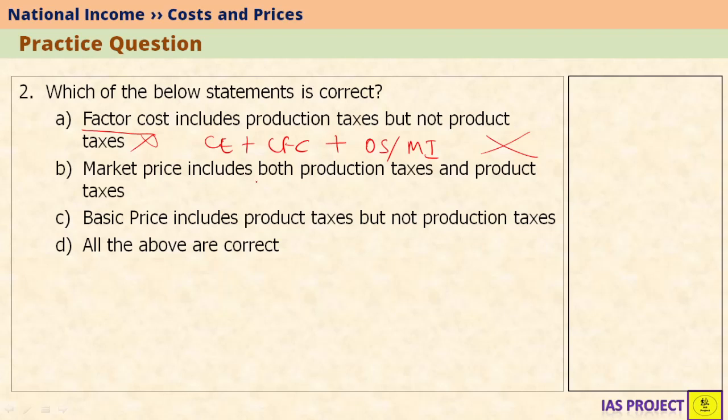Market price includes both production taxes and product taxes. Yes, this is correct. Basic prices include product taxes but not production taxes. This is wrong, because basic price does not include product tax, but it includes production tax. So the answer is B.